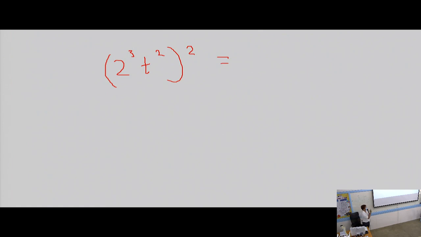What would be the answer? The quantity of 2 to the power of 3, t to the power of 2, to the power of 2.